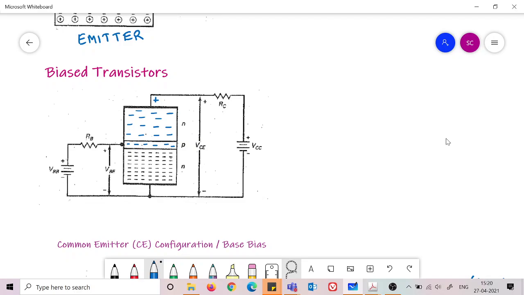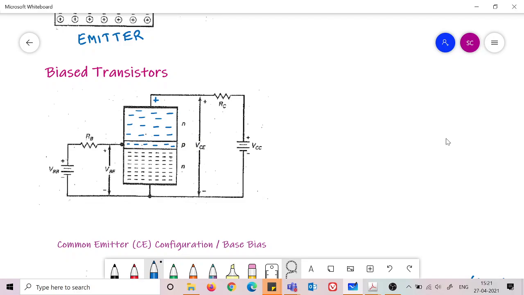This is something that you should keep in mind, that the emitter base is forward biased but the collector base is reverse biased, and that is what is making the majority carriers flow through the circuit. So in both these loops the majority carriers are flowing, and as such an electrical current is getting generated.